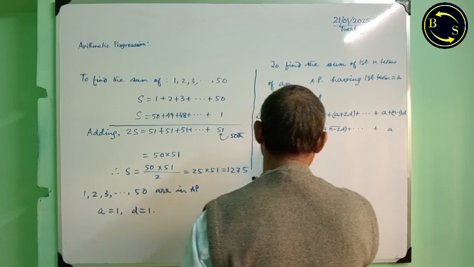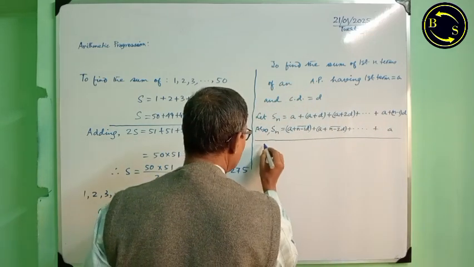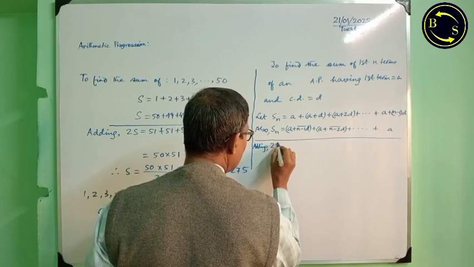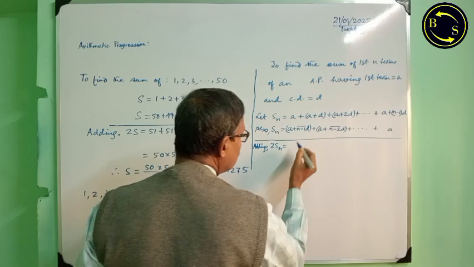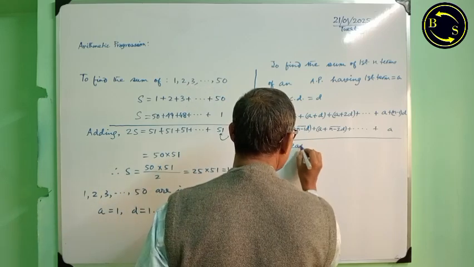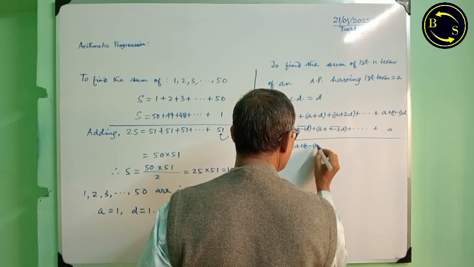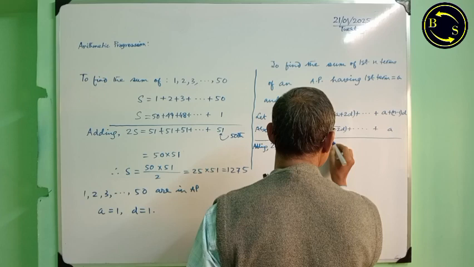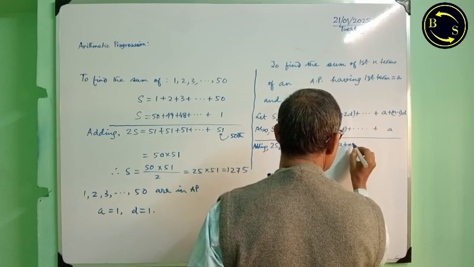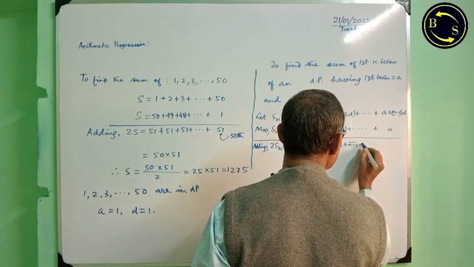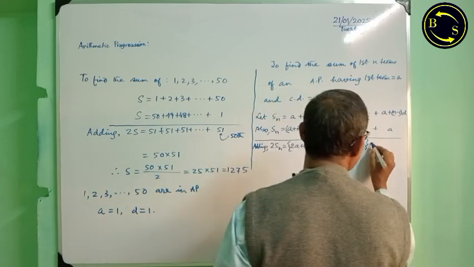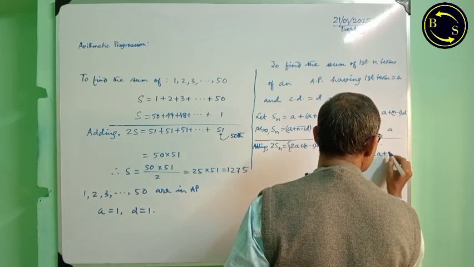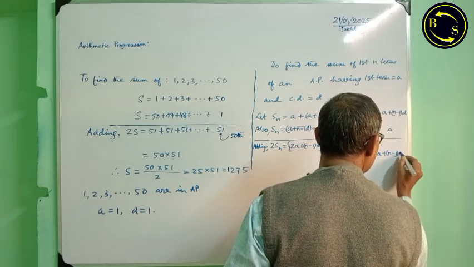Now, if we add, the left-hand side will be a plus this one, that will be 2a plus n minus 1 whole into d, plus 2a plus n minus 1 into d, plus dot dot dot. The last one is 2a plus n minus 1 whole into d.